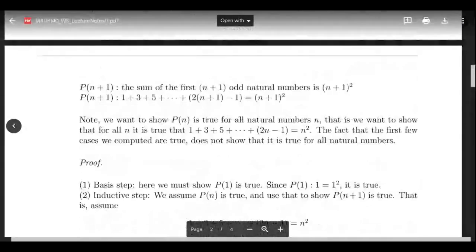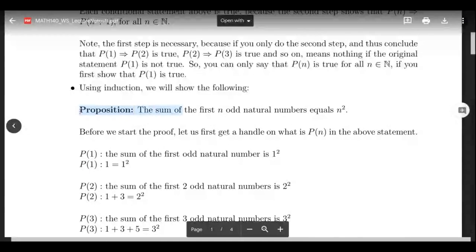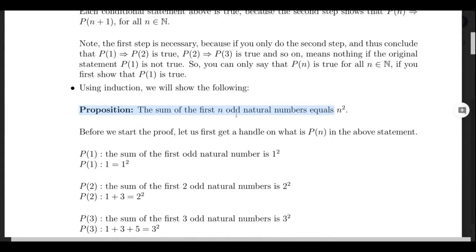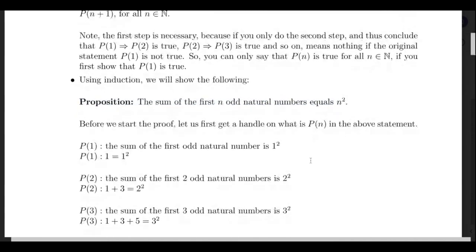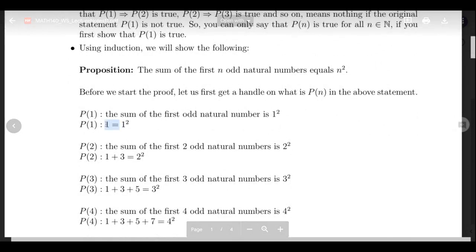Okay, let's go back a little bit. So what are we proving? We're proving this proposition. The sum of first n odd natural numbers equal to n squared. If we read it out, some of them, so 1, the first natural odd number is 1. 1 equals 1 squared. The first 2 odd natural numbers are 1 plus 3, which is 4. 4 is 2 squared.